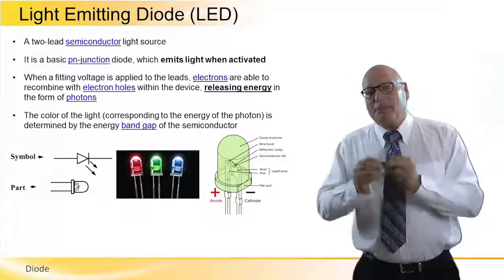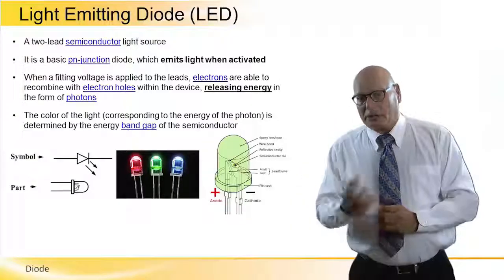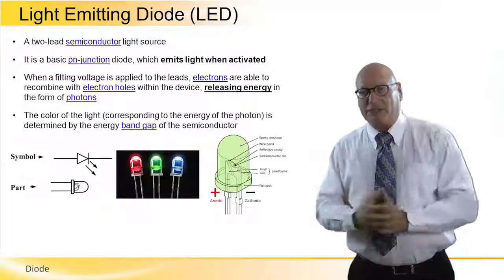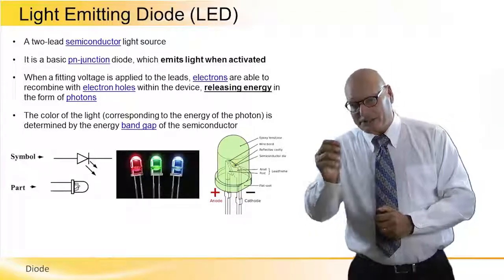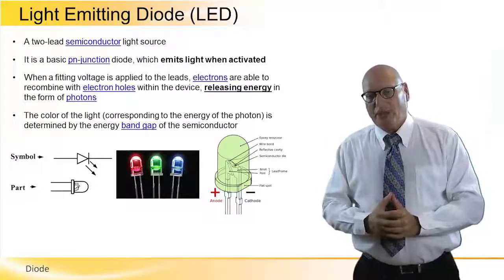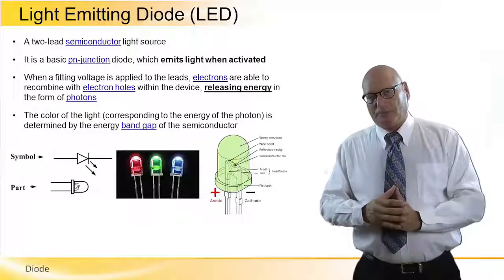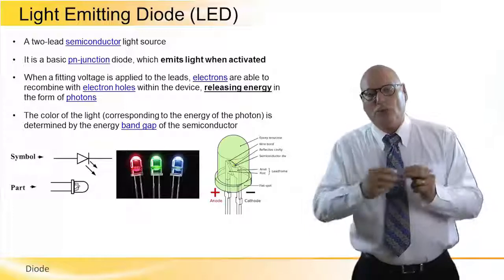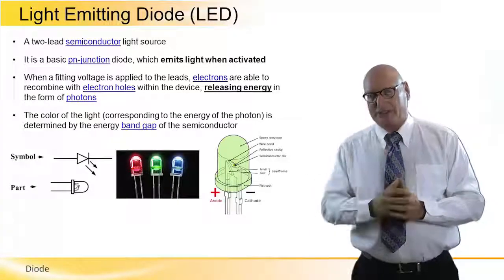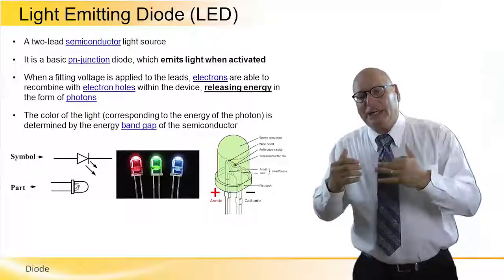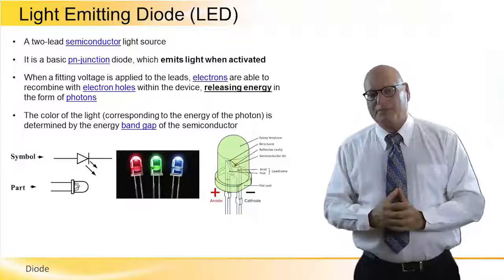It is a basic PN junction diode, just from the structure and content of it, similar to a regular signal diode, which emits light when activated. This is the difference. When a fitting voltage is applied to the leads, electrons are able to recombine with electron holes within the device, releasing energy in the form of photons, and this is the light that we see.